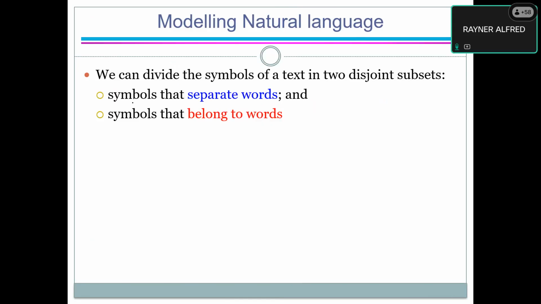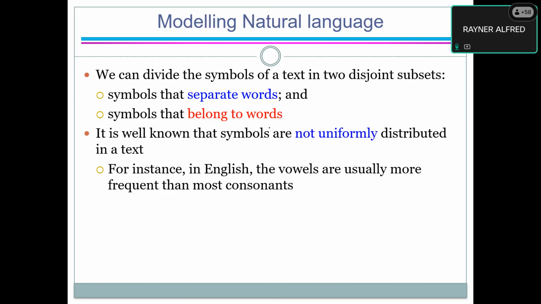So we need a symbol that separates the words and also symbols that are part of the word. In our language, in all of the cases, we use the blank space to separate the words, right?